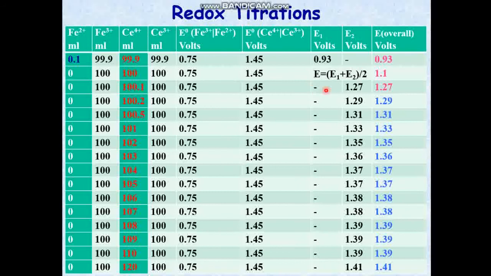Now the E0 value at 25 degrees Celsius for iron is 0.75, and for cerium is 1.45. So E1 plus E2 by 2 is 2.2 by 2, that is 1.1 volt.